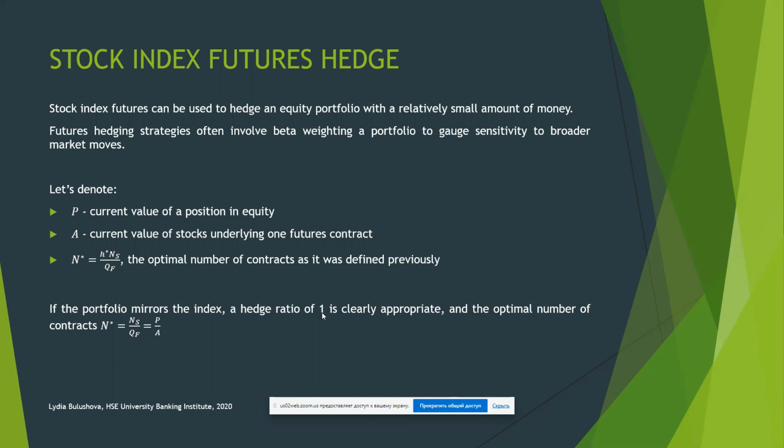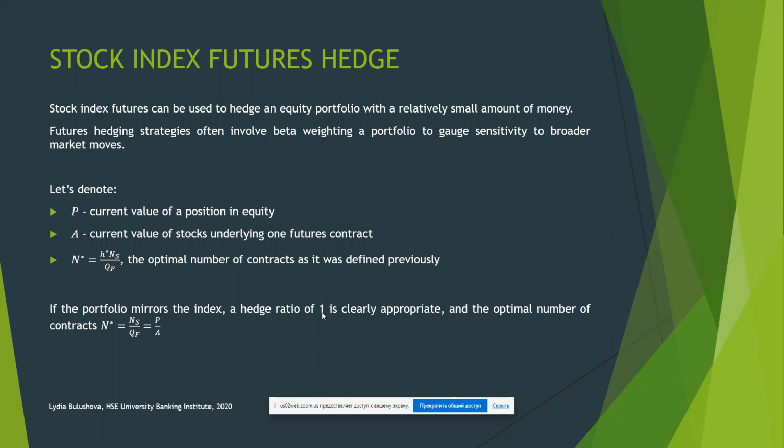So we use stock index futures to hedge an equity portfolio, but in fact, an index is a good proxy if you have an equity portfolio that nearly tracks an index. If your portfolio differs from an index, index futures is not a good idea to be used as a proxy because you face a significant basis risk.